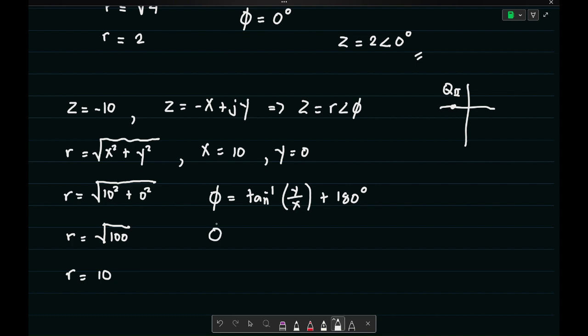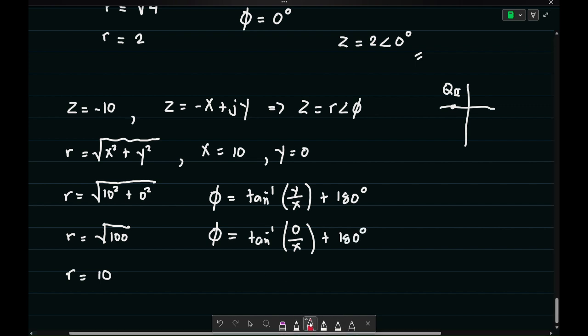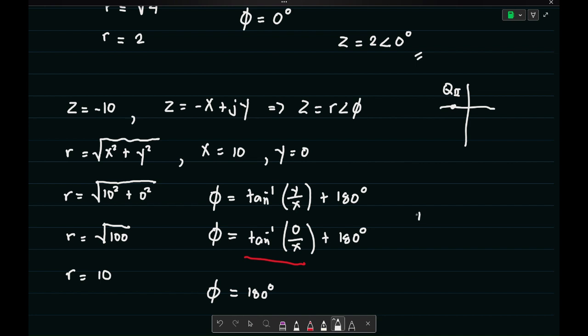Then we have the angle as arctan of 0 over x plus 180 degrees, and we know this would be equal to 0. Therefore, the angle is equal to 180 degrees. The final answer is z is equal to the magnitude of 10 and angle of 180 degrees. Make sure your calculator is in degrees.